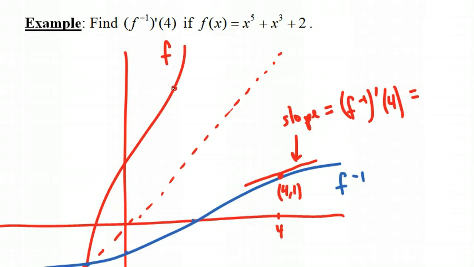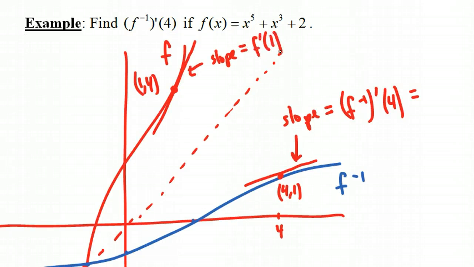Its reflected point over here is 1 comma 4, and the slope of the tangent line over here is f prime of 1, which is 8. This slope was 1/8. So the slopes of this red line and this red line are reciprocals of each other. This is a slope of 8, this has a slope of 1/8.